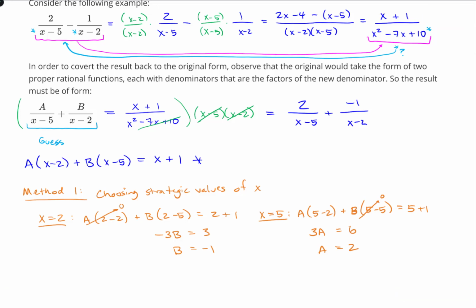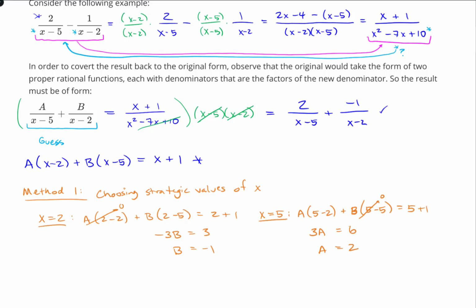And if you compare that to the original, 2 over x minus 5, and instead of writing plus negative 1 over this, it's just minus that, but that's the same thing. So effectively, we've come up with a means of decomposing the term and getting back to the sum of two fractions.